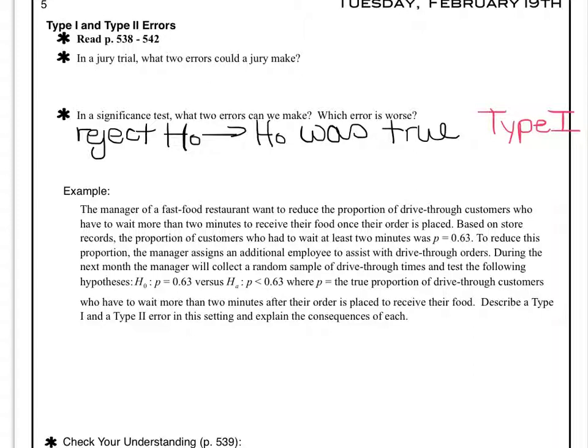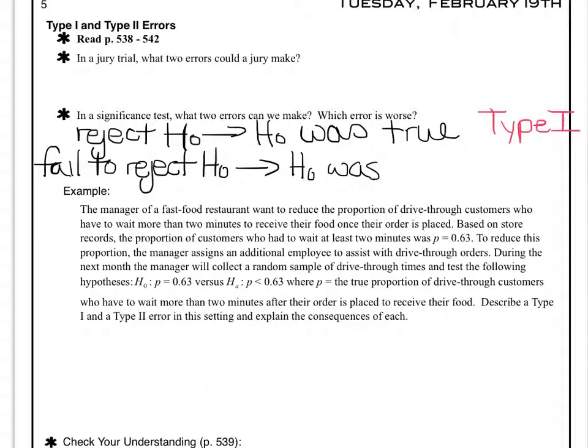The other problem is that we fail to reject the null when the null was false and we really should have rejected it. That's called a type 2 error.